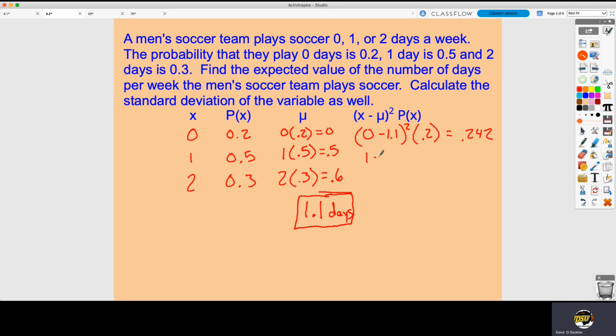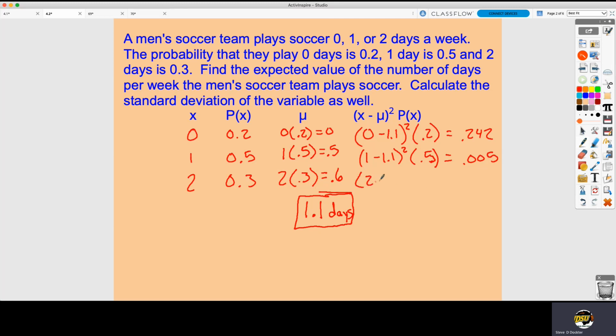We do the same thing for the other one. So we're going to go 1 minus 1.1 squared and multiply that by 0.5. We get 0.005.